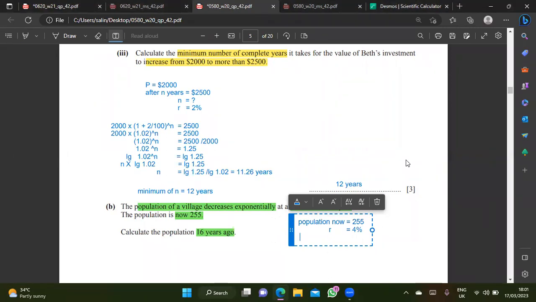If it's decreasing, what do I want? I want the population 16 years ago. That is the one that we want to find. So maybe we can just simplify this and symbolize the population 16 years ago as small p.